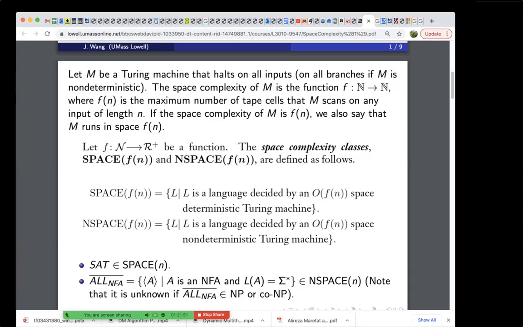SPACE of f of n is the class of languages decided by an O of f of n space deterministic Turing machine, and NSPACE of f of n is the class of languages decided by an O of f of n space non-deterministic Turing machine.